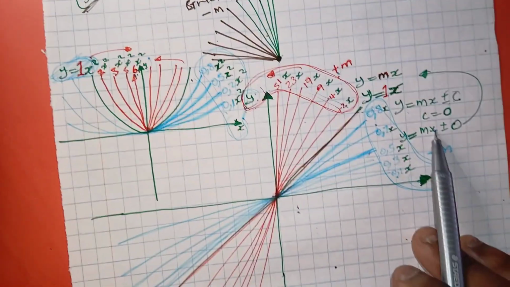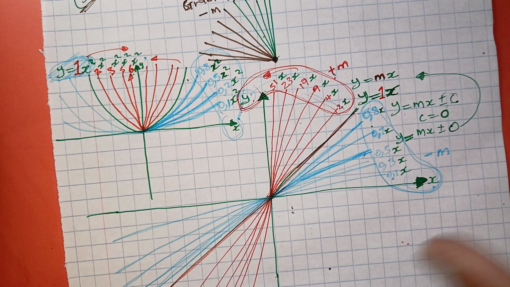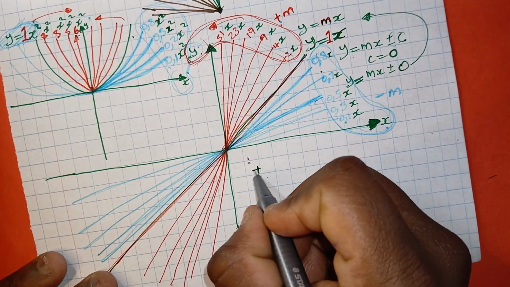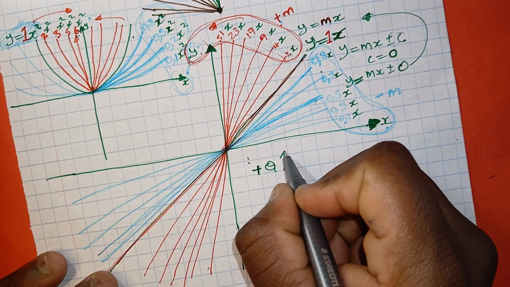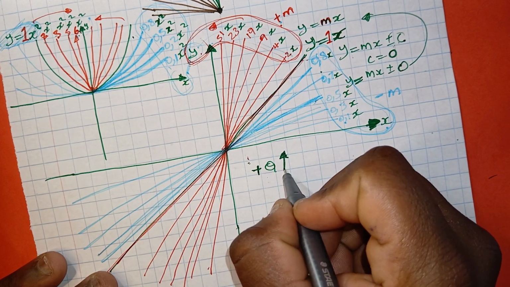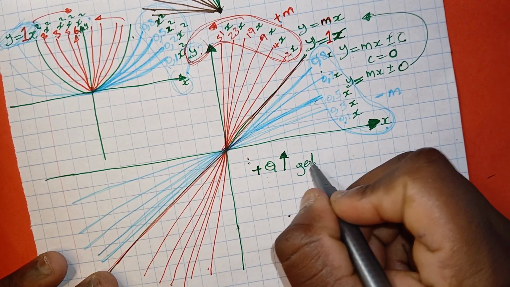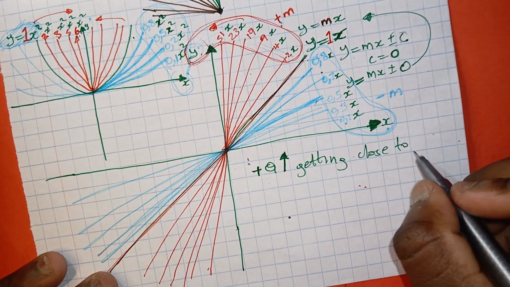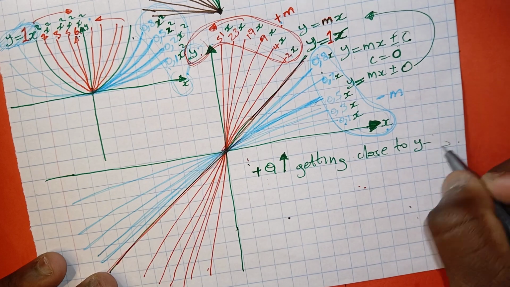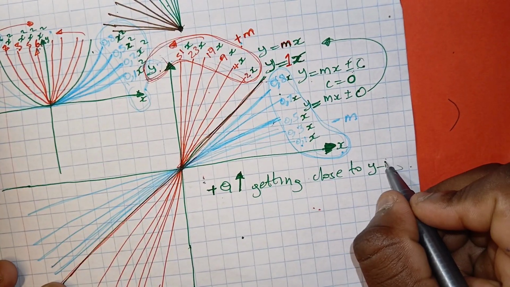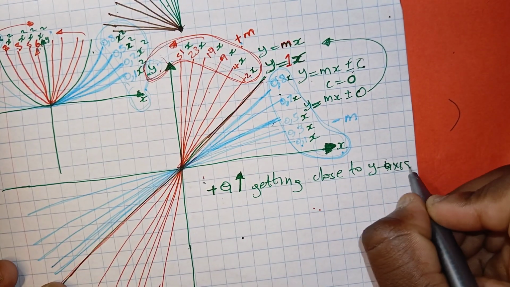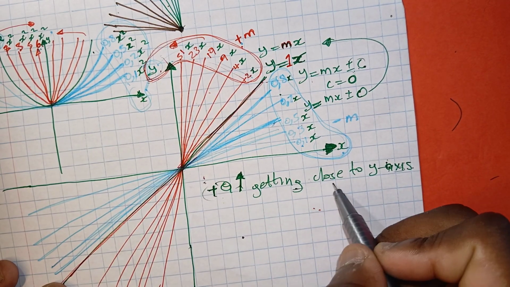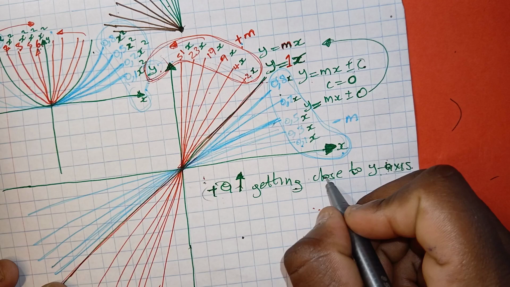So now you can take this: as I increase a positive gradient, I'm getting close to the y axis.